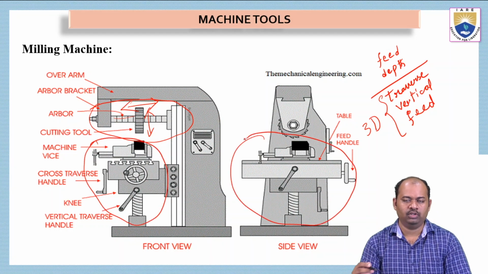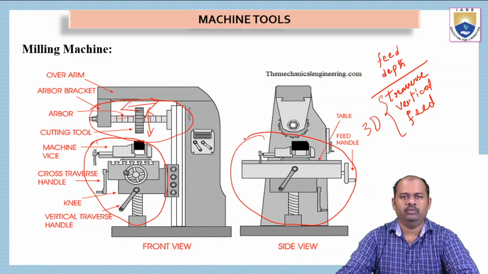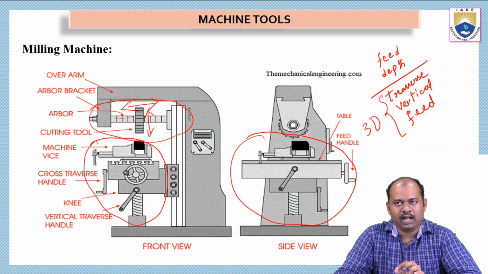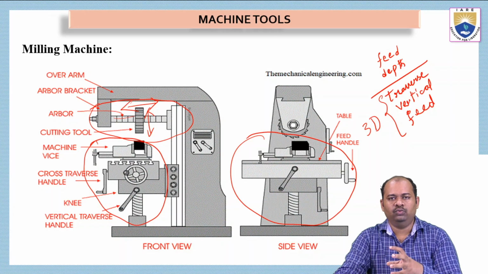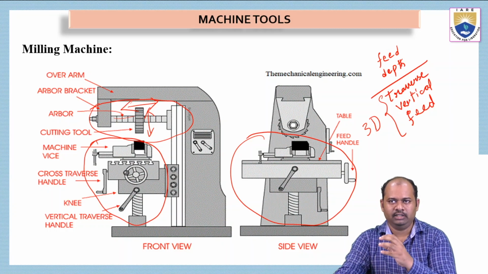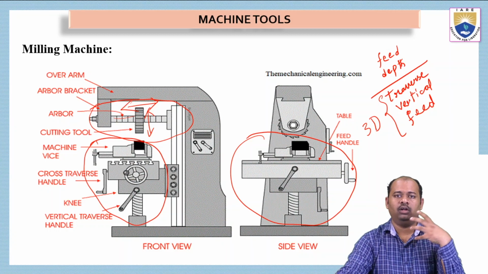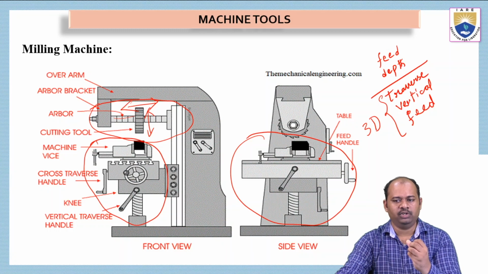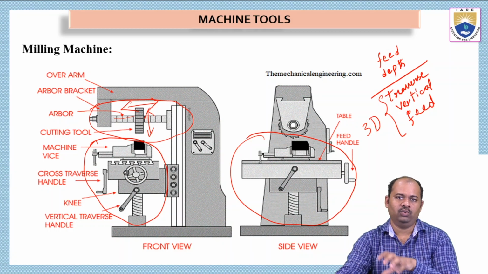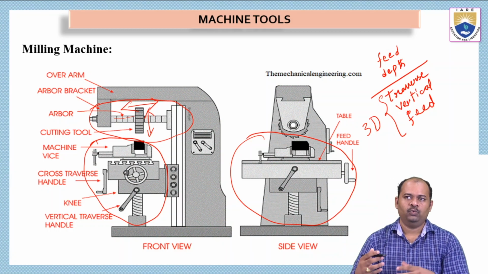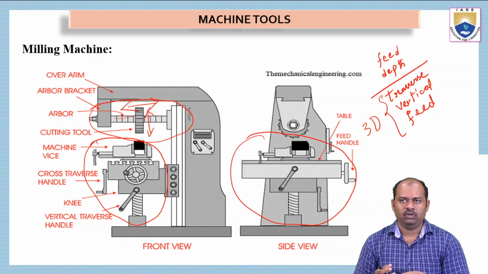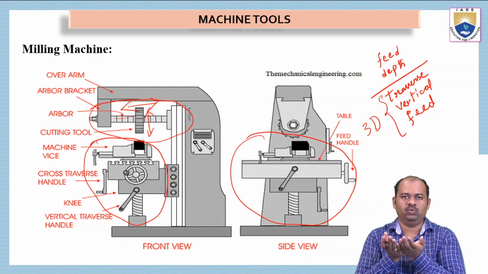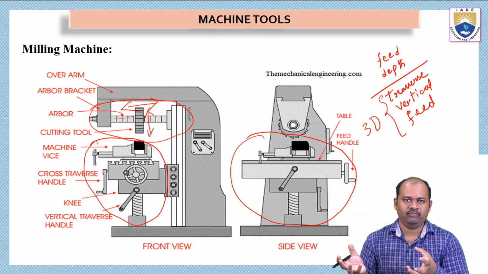In both front view and side view, we can see the saddle is the one which can move upward, downward, left, right, forward, backward. So all the three-dimensional movement is possible for the saddle only. We can make the saddle move towards the tool, then we can give some feed.